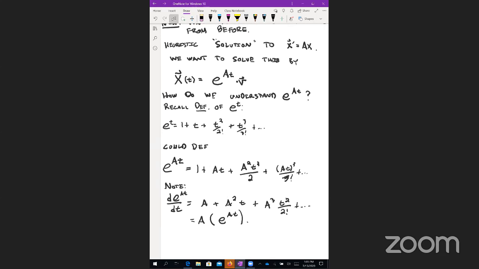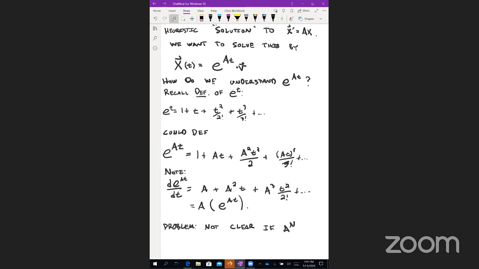The problem here is that it is not clear if a to the n settles down in any sort of nice way, or can be effectively computed.